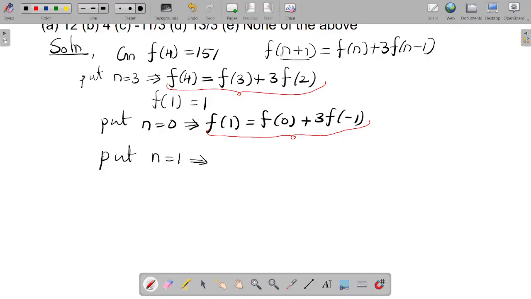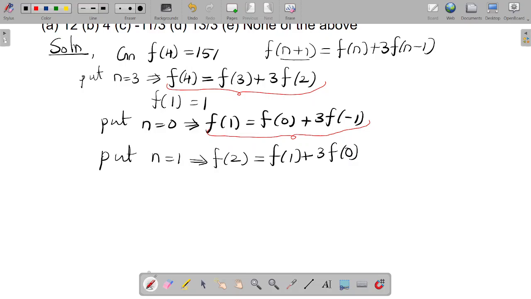When you replace n = 1, the function gives f(2) = f(1) + 3 times f(0). Because when we replace n = 1, 1 plus 1 is 2, this is 1, and 1 minus 1 is 0.